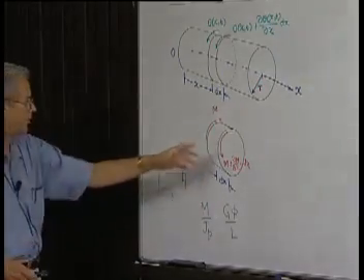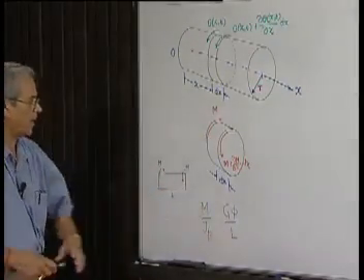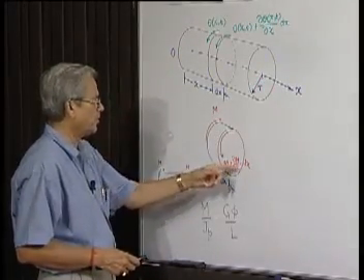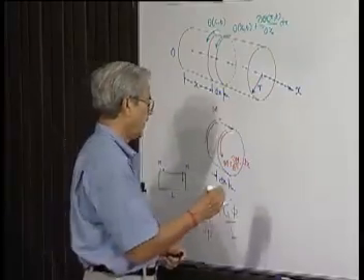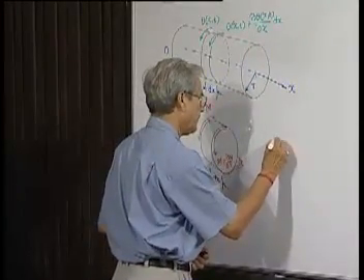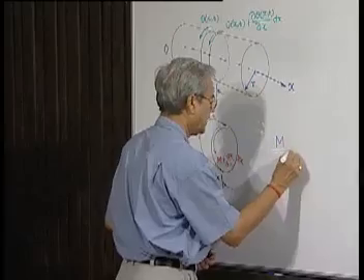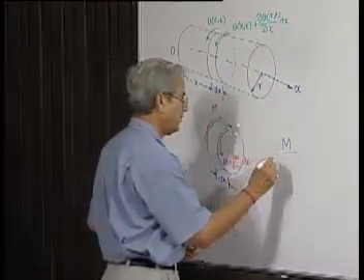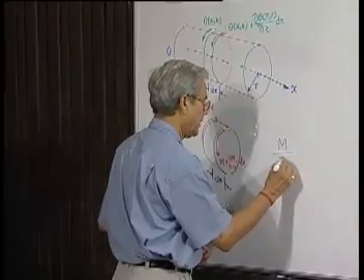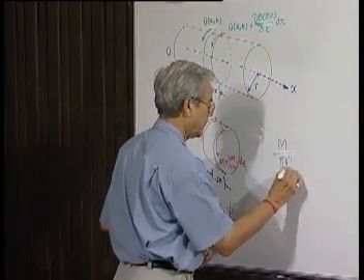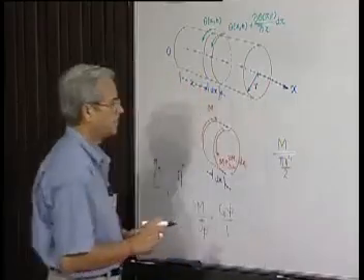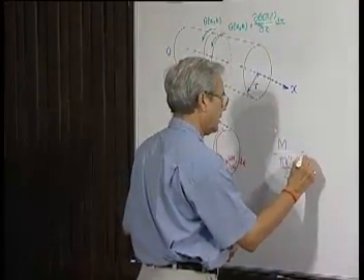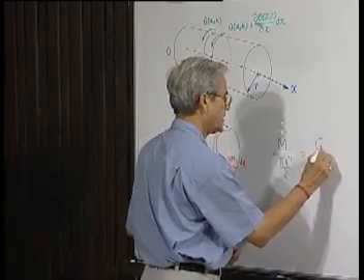So, if we now compare this with the standard formula, the moment on this face is m and on this face is also m, with a slightly different value. The second moment of area of a circle with radius r is half pi r to the power 4, and G is the shear modulus.